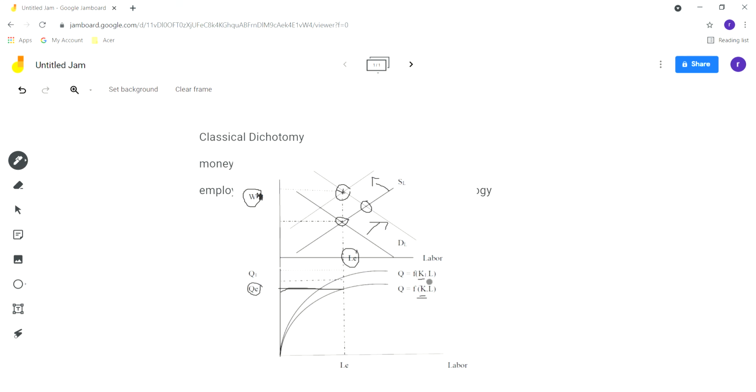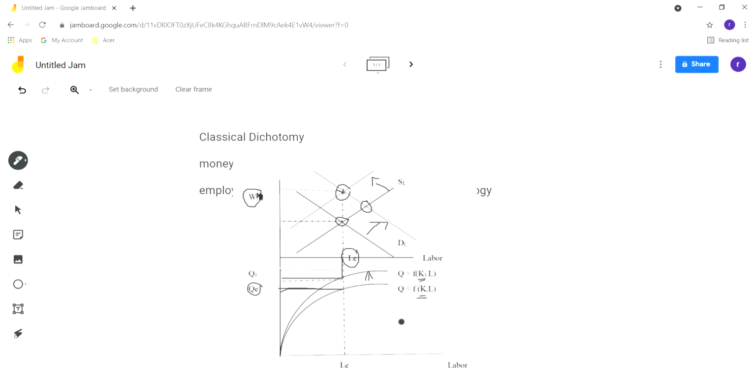Now we have a capital stock k1 bar, which means capital has increased, so a higher proportion of capital can be employed with a fixed proportion of labor, or you can employ a larger amount of labor with the increased capital stock, and the effect of all this is an increase in the level of output. So even without increasing the quantity of labor, that is the labor is the same at LE, now you are able to produce Q1 level of output because the production function has shifted upwards due to the increase in the capital stock.